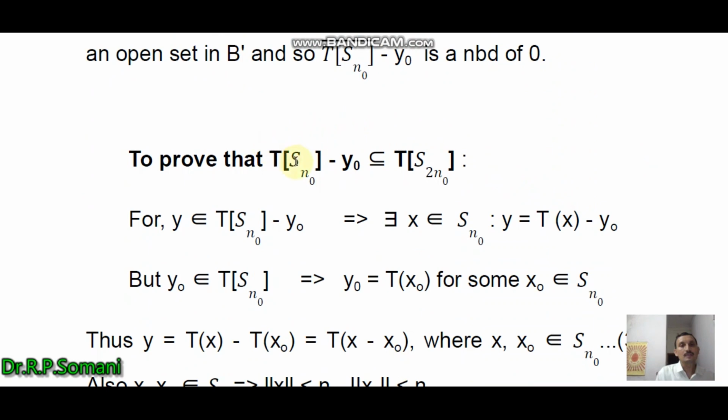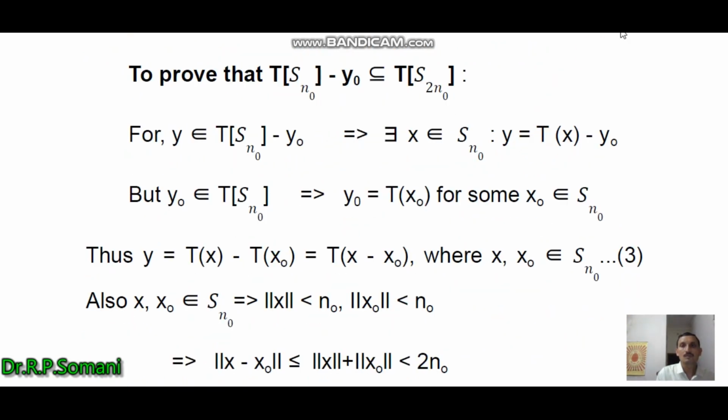Now we prove that TS_n0 minus y0 is a subset of TS_2n0. For y belonging to TS_n0 minus y0, there exists x belonging to S_n0 such that y = Tx - y0. But y0 belongs to TS_n0, therefore y0 = Tx0 for some x0 belonging to S_n0.